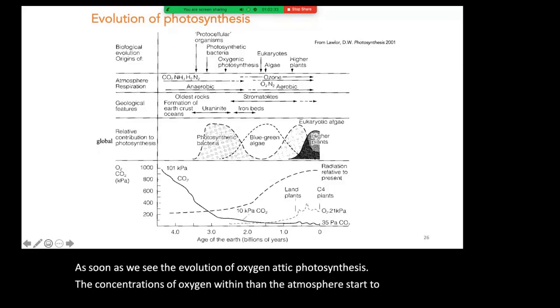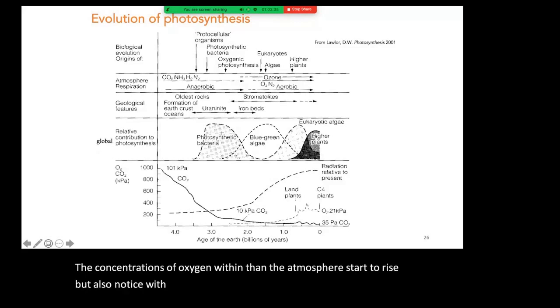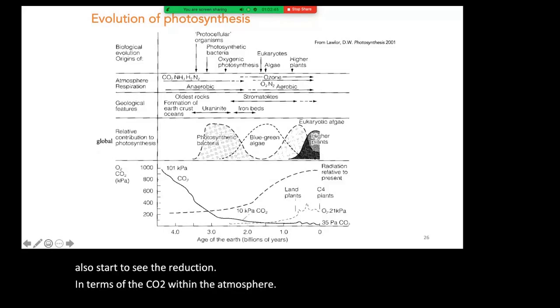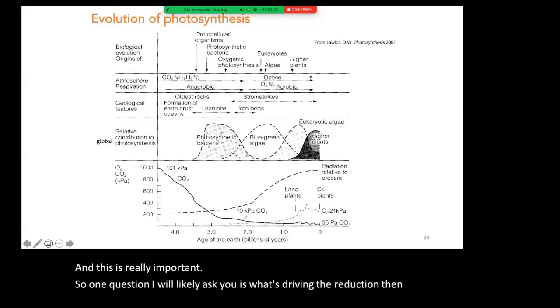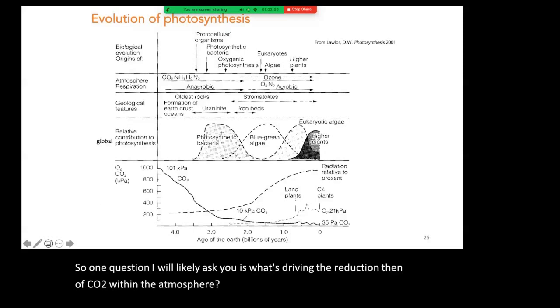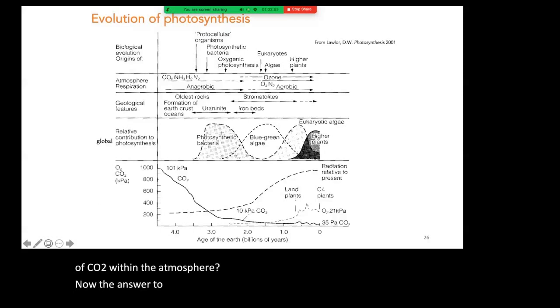But also notice that with the evolution of photosynthetic bacteria, we start to see a reduction in the CO2 within the atmosphere. And this is really important. One question I will likely ask you is, what's driving the reduction of CO2 in the atmosphere? Now, the answer to that is a little complicated because it also involves geology and rocks.